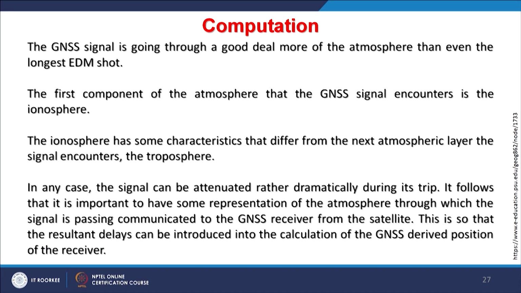But if somebody is looking for a position within 1 meter, then one need not bother. If somebody is looking for position estimation in millimeter accuracy, then all these things have to be resolved for position estimation.